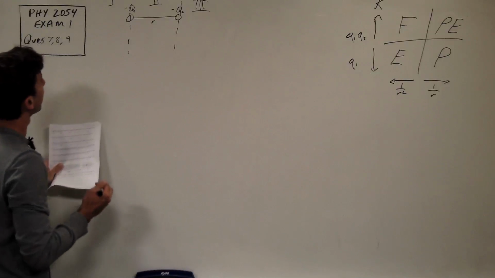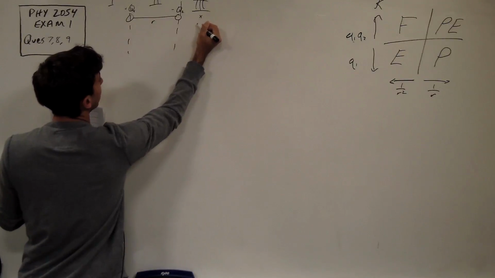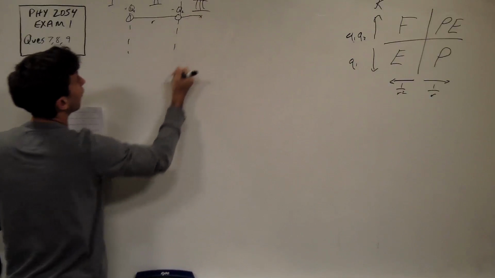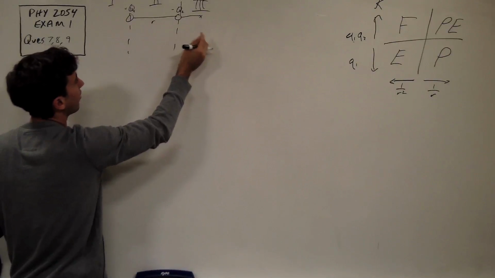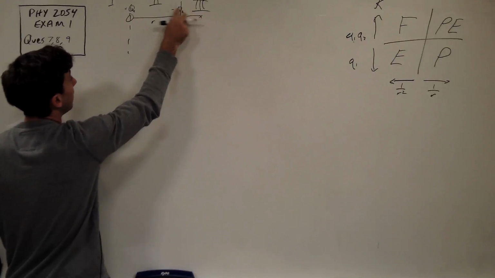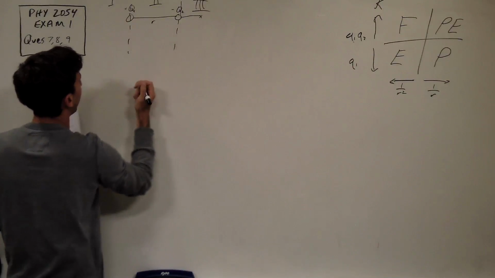Great. From there, you figure out some distance x from one of the particles. Let's say, for all intents and purposes, Q2 is less than Q1. Then we put the x there.